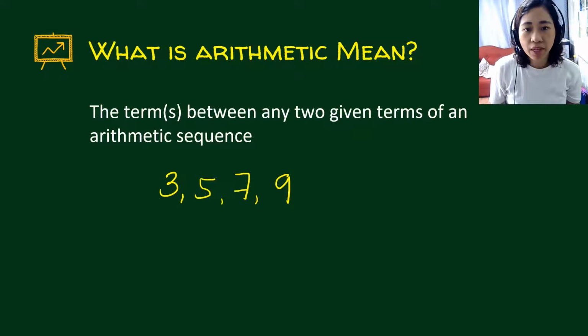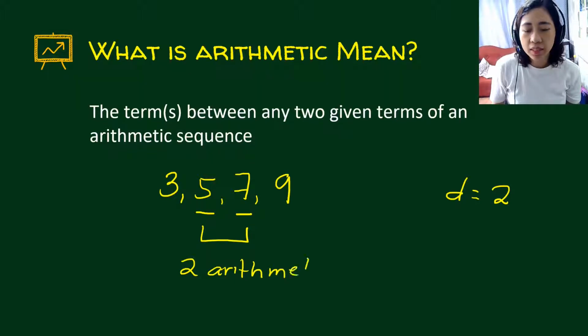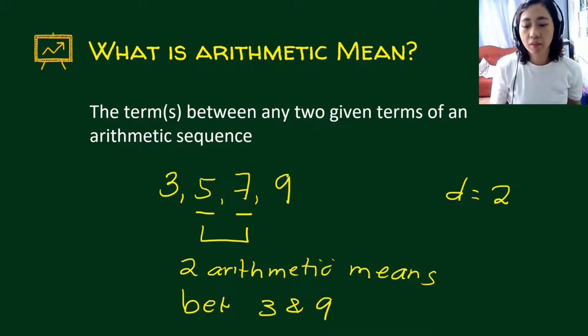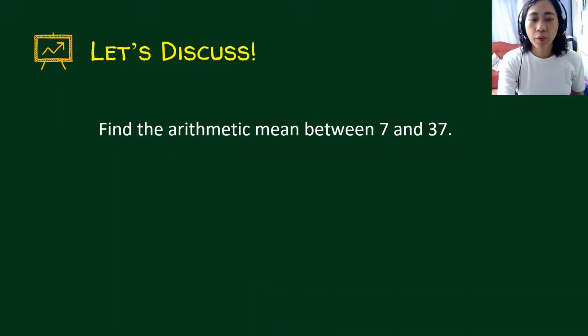Ang common difference natin here is equal to 2, right? So, we say that 5 and 7 are two arithmetic means between 3 and 9.